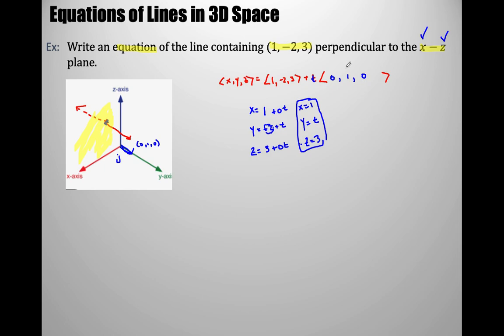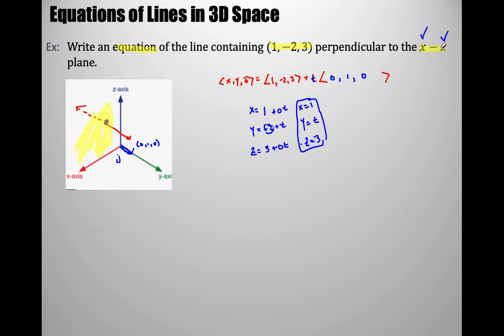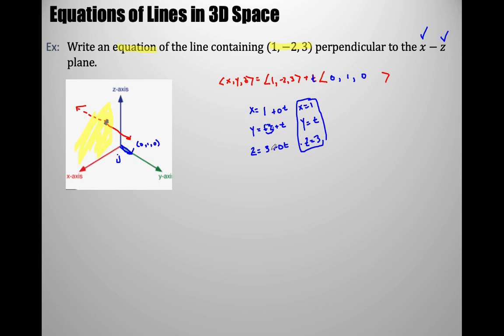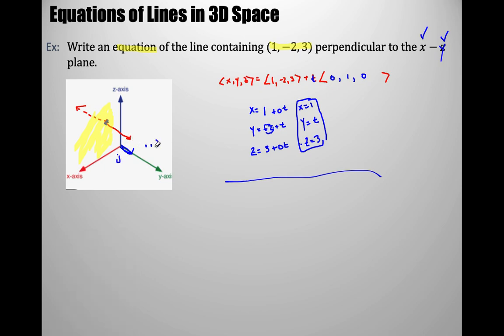What if I had said, write the equation, but I wanted you to be perpendicular to the XY plane. What would that look like? The XY plane is down here, right?